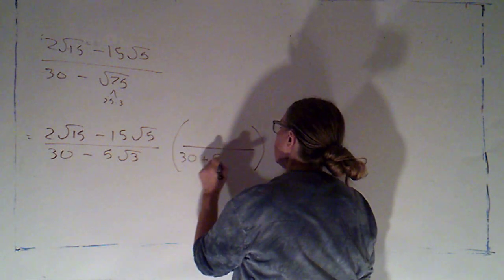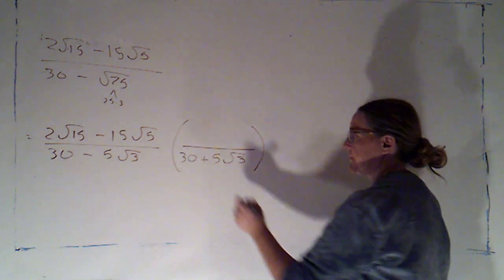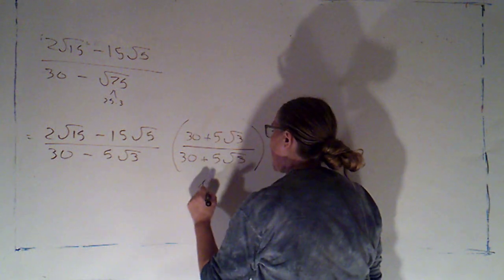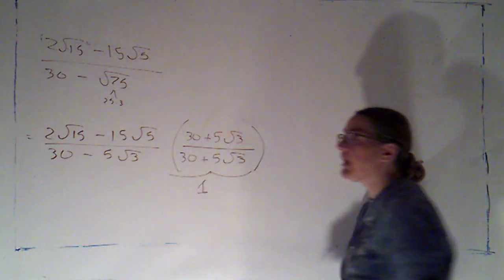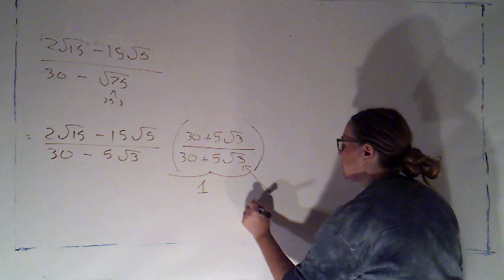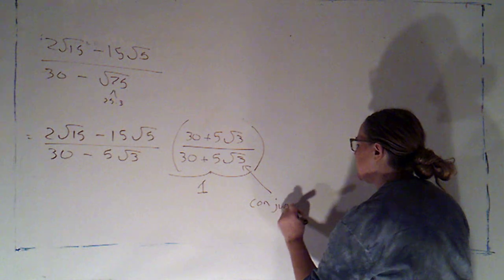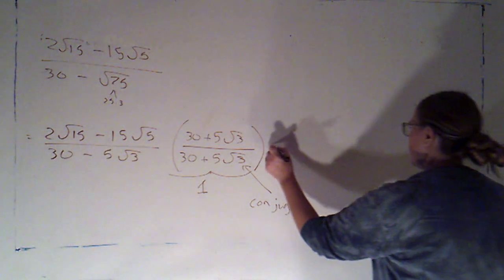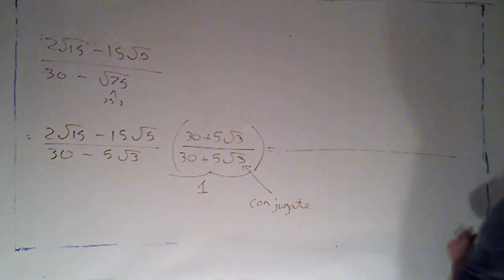So 30 plus 5 root 3. And I'm going to multiply by that same thing on top and on bottom so that I'm just multiplying by 1. Anytime we do this, where we have the same two terms but connected with the opposite sign, we call that the conjugate. And I'm going to just remind you why this works.